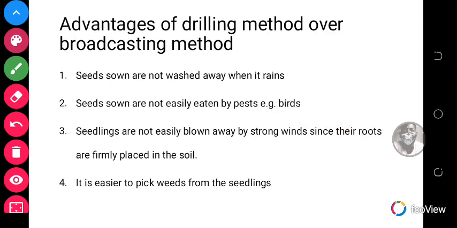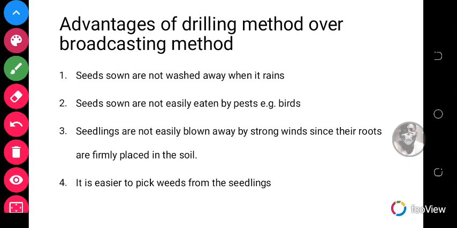So let's look at advantages of drilling method over broadcasting method. The drilling method is considered to be more advantageous than the broadcasting method, and these are the reasons. Seeds that are sown using the drilling method are not washed away when it rains, because the seeds go deep down into the soil.